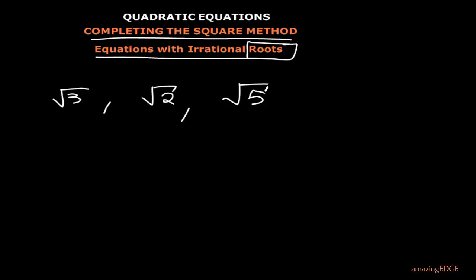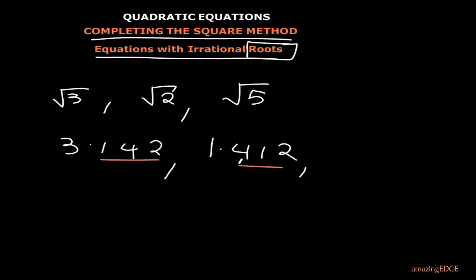Another way you can define irrational numbers is as numbers whose decimals are not recurring. For instance, 3.142 is a non-recurring decimal, so it's an example of an irrational number. Somebody can have maybe 1.412. This is an example of an irrational number because the decimals here are not recurring.